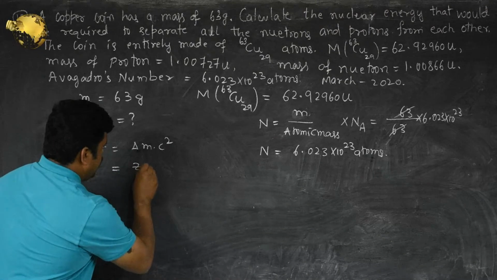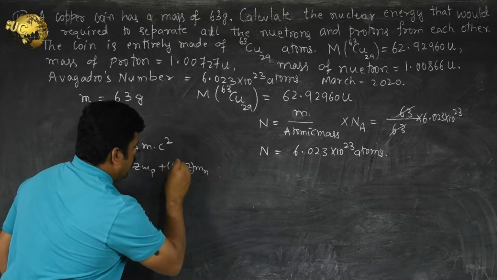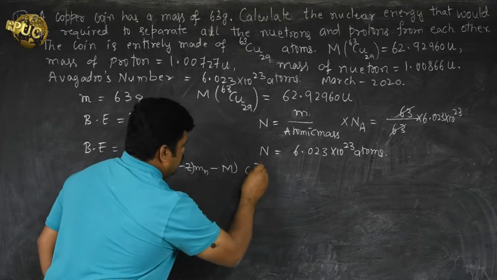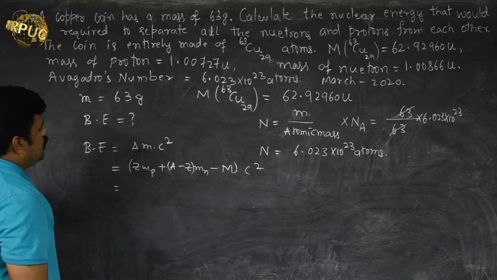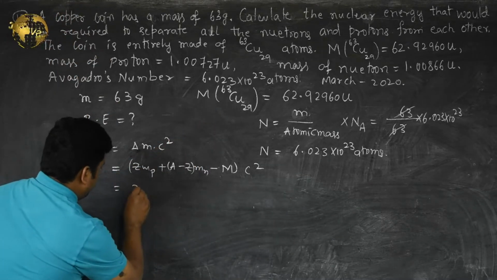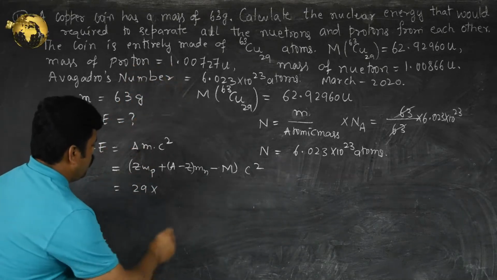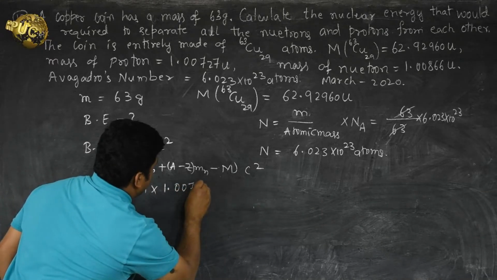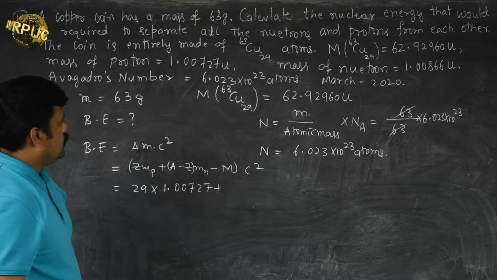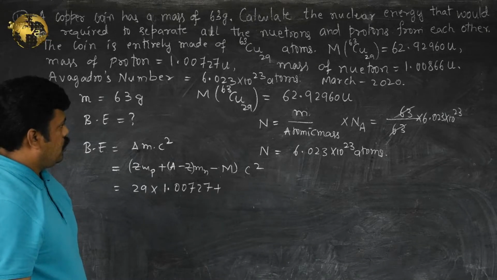Delta M is Z Mp plus (A minus Z) Mn minus M, into c squared. Z is 29, the mass of proton is 1.00727, plus A minus Z, that is 63 minus 29, so it's going to be 34.